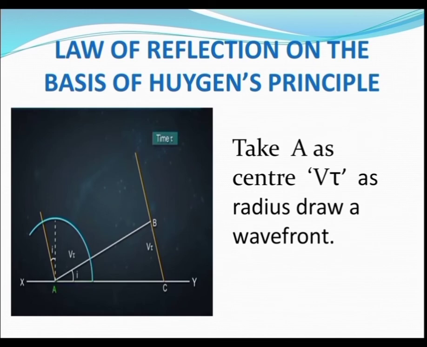Take A as center, v tau as radius, draw a wavefront. In the diagram, we see that A is a point on the reflecting surface XY. Take A as center and v tau as radius, draw a spherical wavefront.